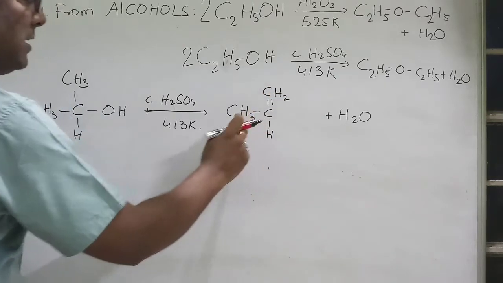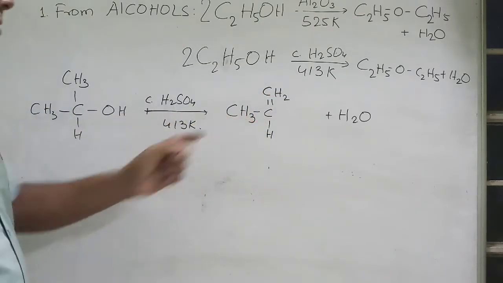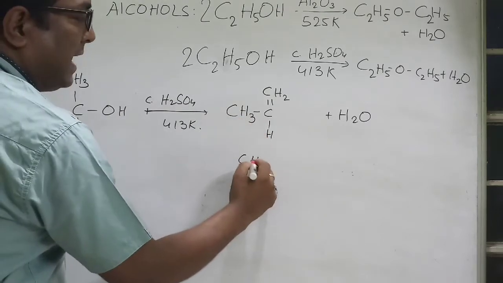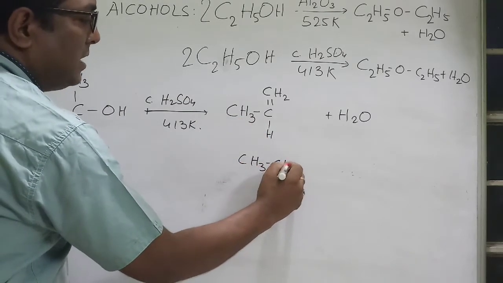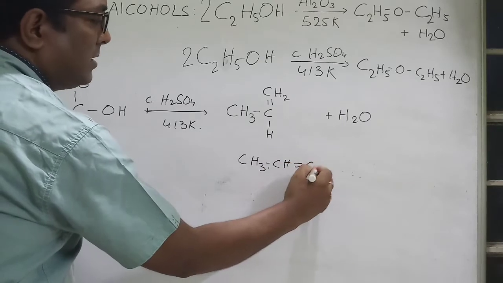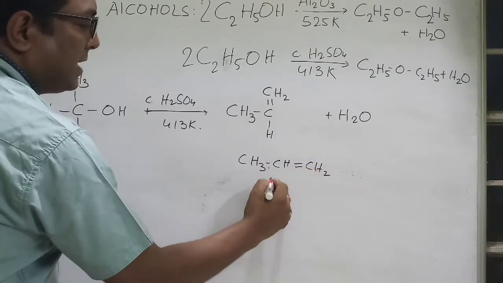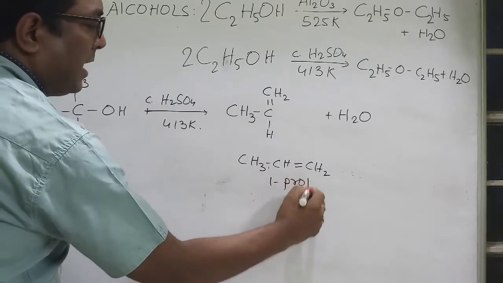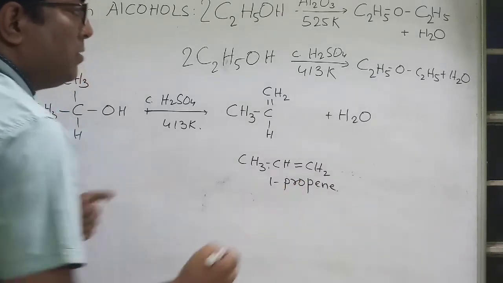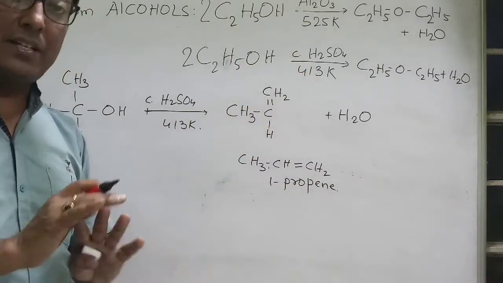So you can see it is forming a compound like CH3, CH double bond CH2. You are getting here one propene, PROPENE. You are not going to get ether at all.